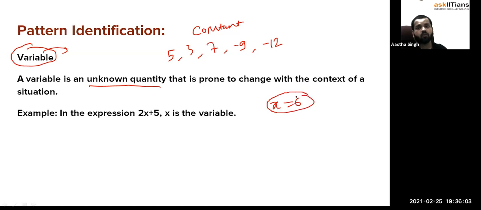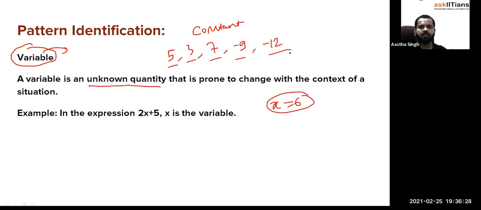It depends on your question, your equation, your situation what the value of your variable will be, but a constant will remain a constant. You cannot change your 5, 3, 7, minus 9, minus 12. Whatever the situation is, whatever the context is, you cannot change your constant.